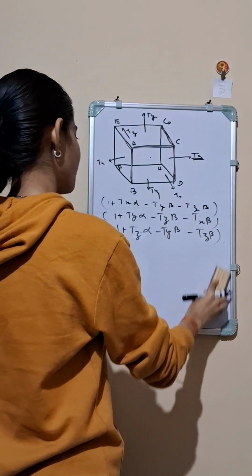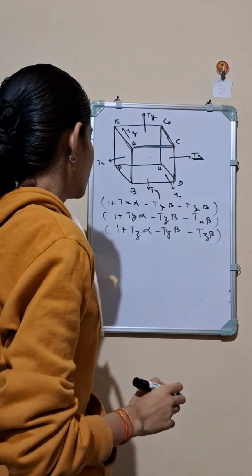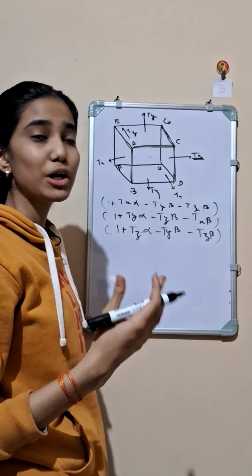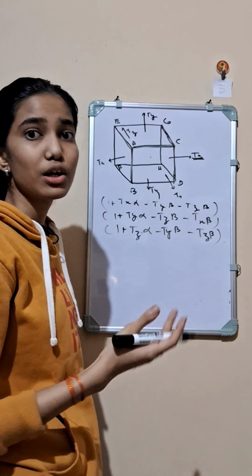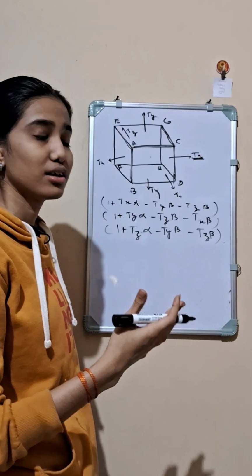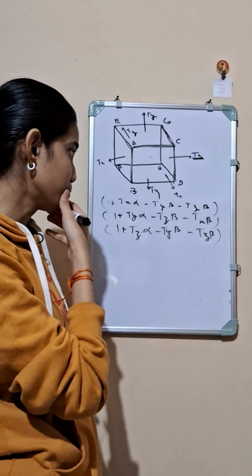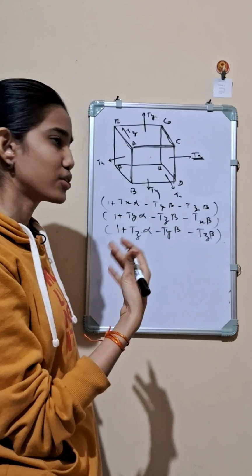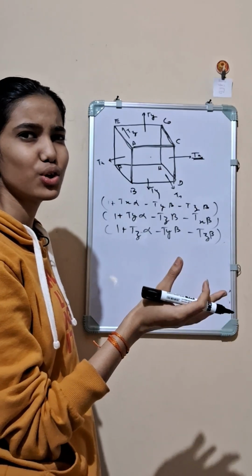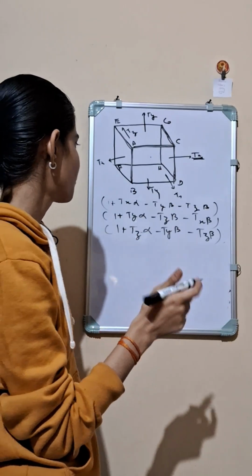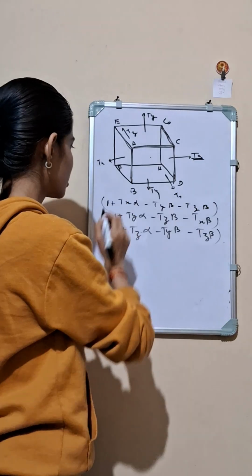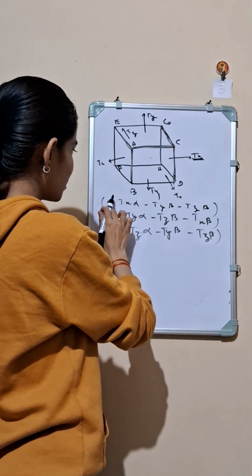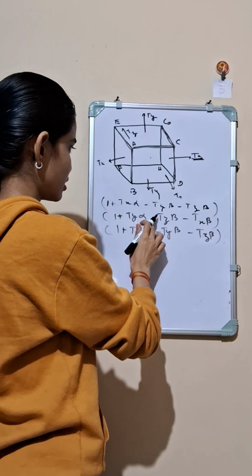Now you can multiply the whole thing and neglect the multiplication of alpha and beta and higher powers like alpha square and beta square, so that I can make this calculation easy. You can do it directly but it will look very clumsy. First I am going to multiply this thing with this thing.